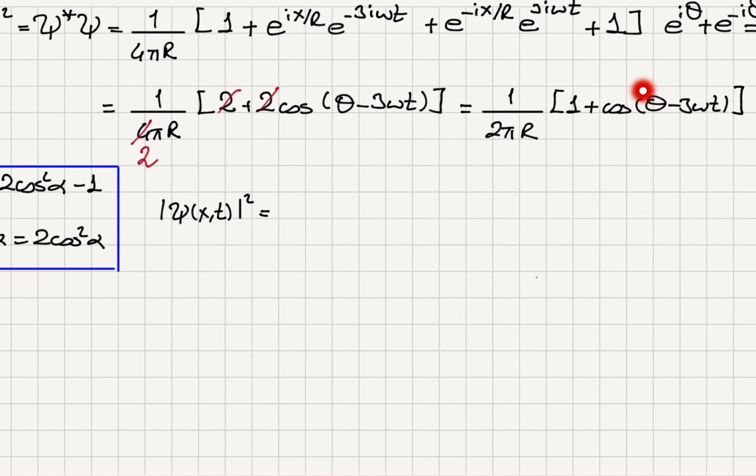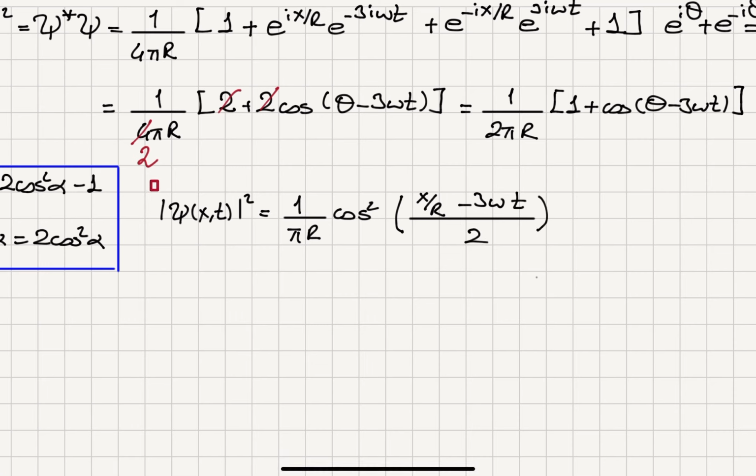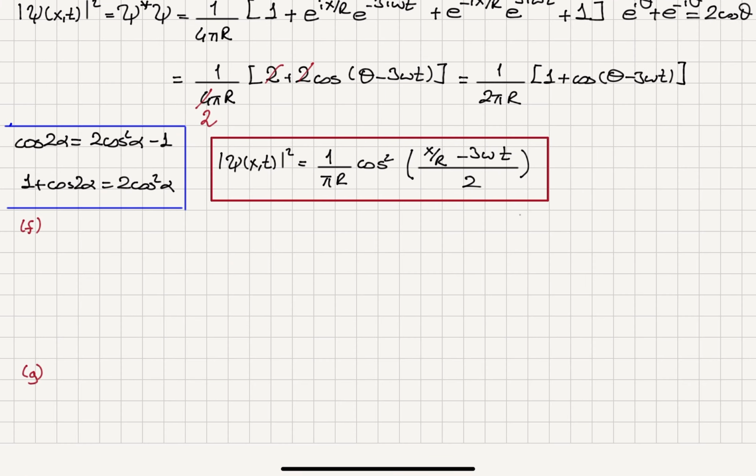So if this is 2 alpha, then I will have 2 cosine squared of this thing divided by 2. So 2 divided by 2, I will have 1 over pi capital R, and cosine squared of x divided by capital R minus 3 omega t divided by 2. That's the probability density function.